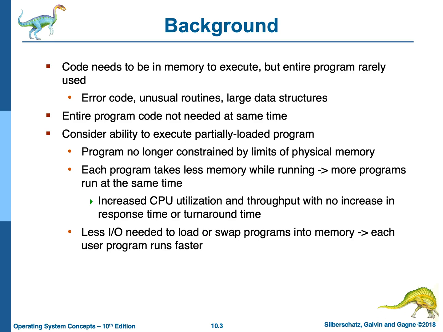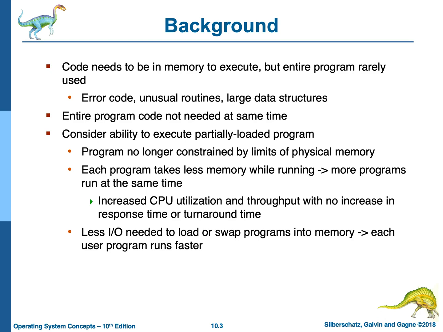For example, if a process loaded into the main memory occupies 50 pages, or 50 frames, because of error code and unusual routines, it can be squeezed to only 20 pages by removing those unusual routines.